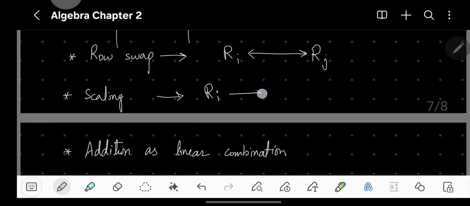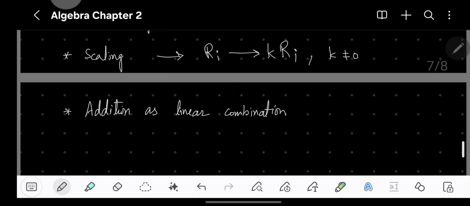That means Ri can be replaced by k times Ri, where you multiply the whole row Ri by some non-zero constant k. Here k must be non-zero. This is very important. So this is called scaling.